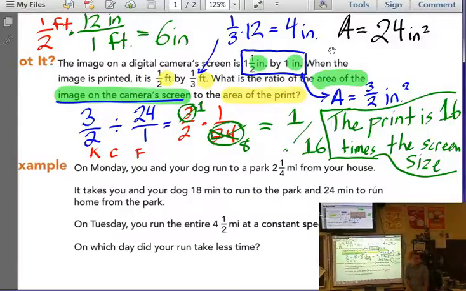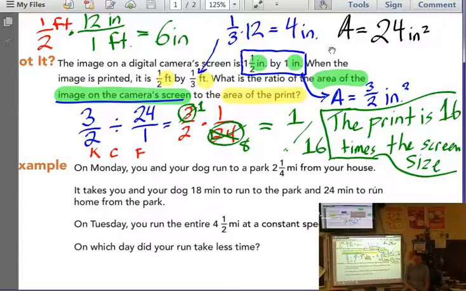Xavier? Okay, so first we had to find the area of the print, and so that was 1/24. What did we have to do first? We changed something.